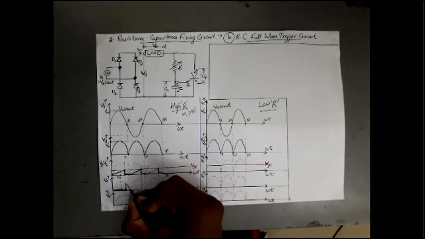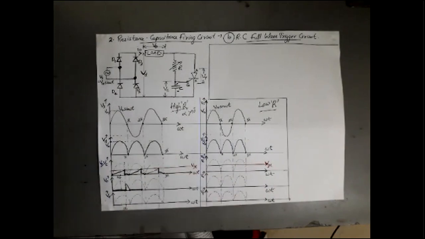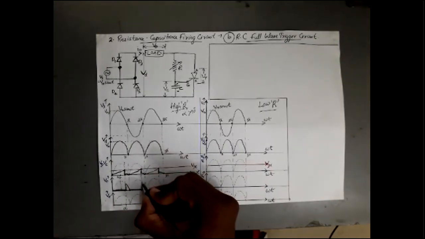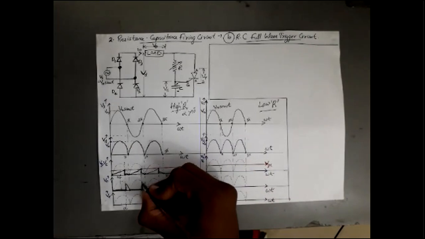My V naught will be zero because I naught will be zero until it is triggered. When the SCR is triggered at pi plus alpha, again my output voltage suddenly increases to the voltage which is equal to Vd. It takes the path of Vd and again it takes the path of Vd up to 2 pi.